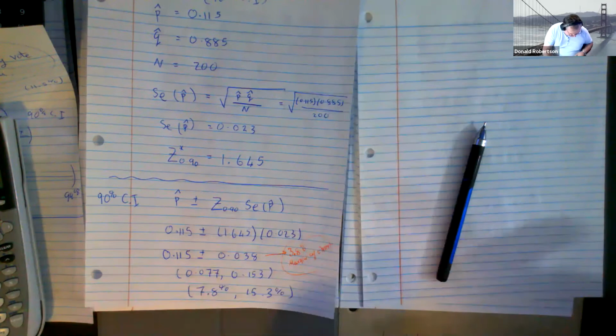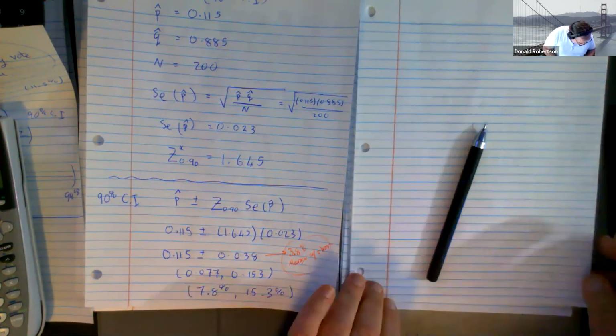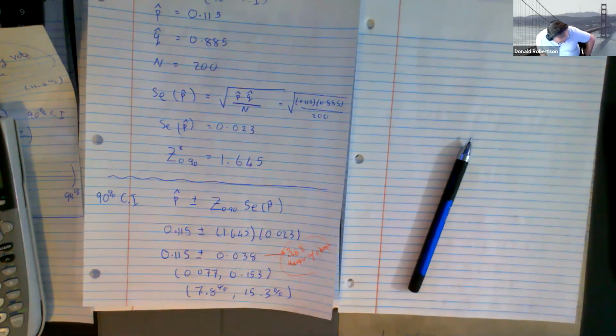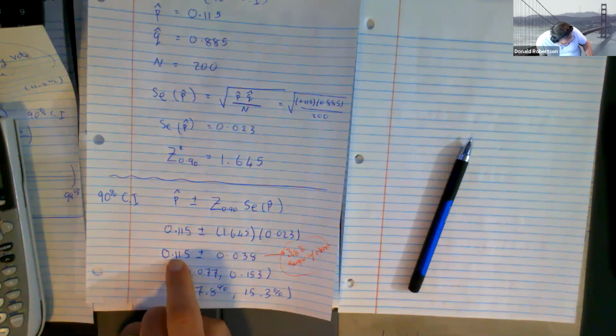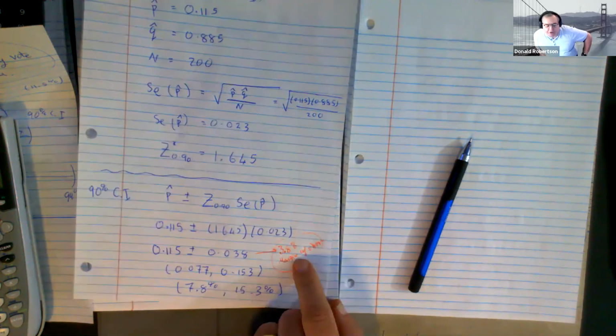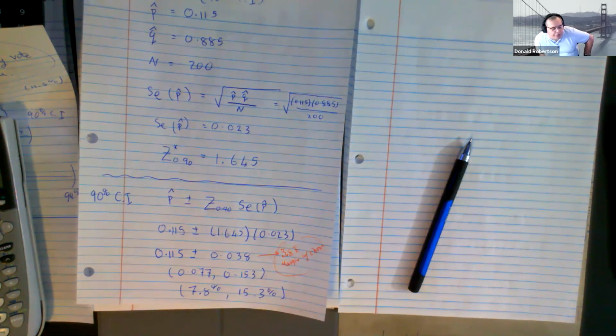So if this was a news story on CNN or whatever, they would say that you can buy votes. 11.5% of Americans say that they would vote for them if they were paid to, and the margin of error was 3.8%. And that would be the language and the words that would be used to describe a confidence interval.